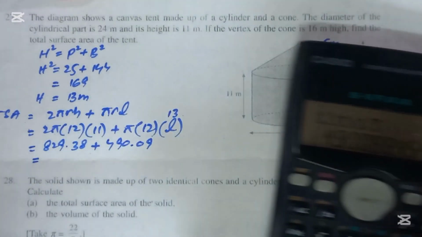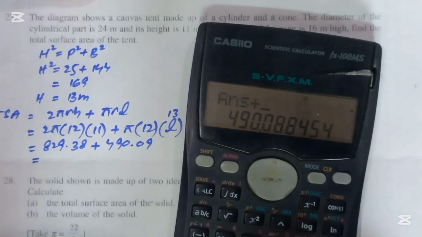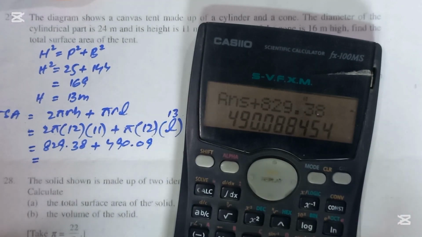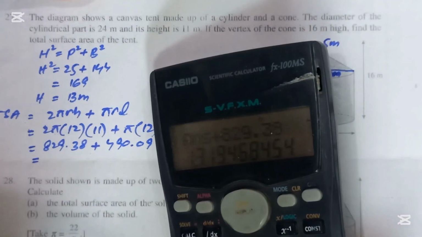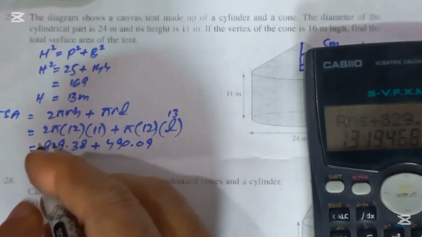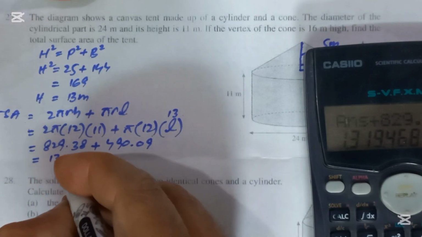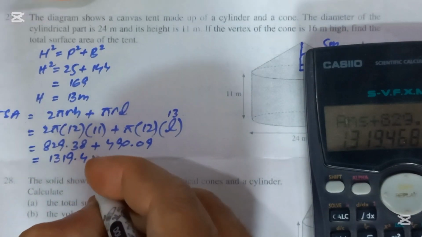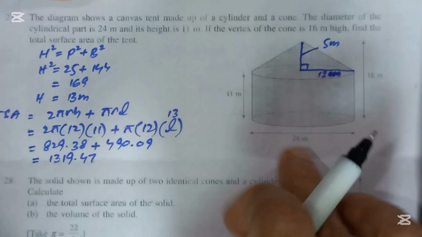Add these values. Answer is 1319.47. Unit will be meter square.